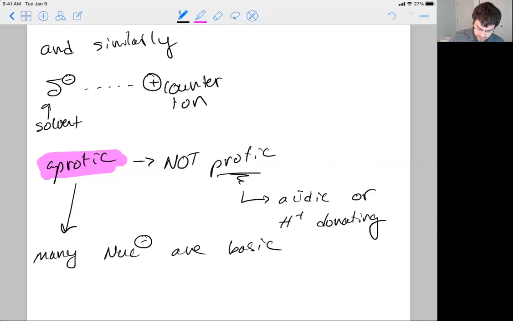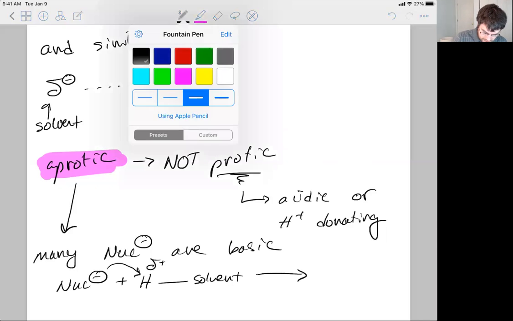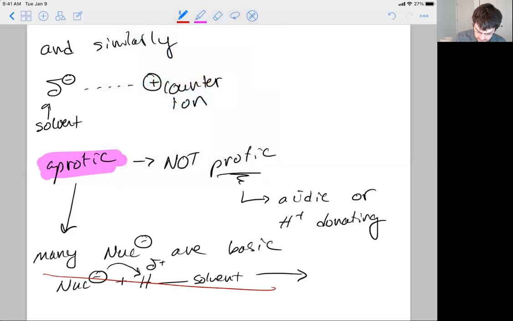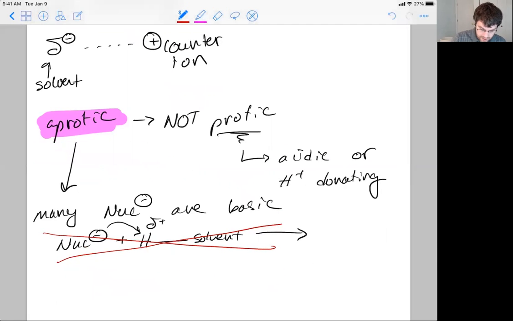So many nucleophiles are basic, and we can't have the nucleophile reacting with an acidic hydrogen on our solvent. So if we had a delta plus, and the negative charge in the nucleophile could engage the positive charge in the solvent, we need to make sure that that doesn't happen. Because if it does, the solvent would be reacting with the nucleophile, and we can't have that. Solvent can't react with anything.